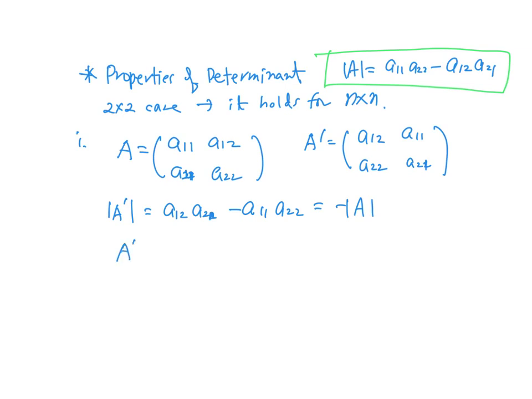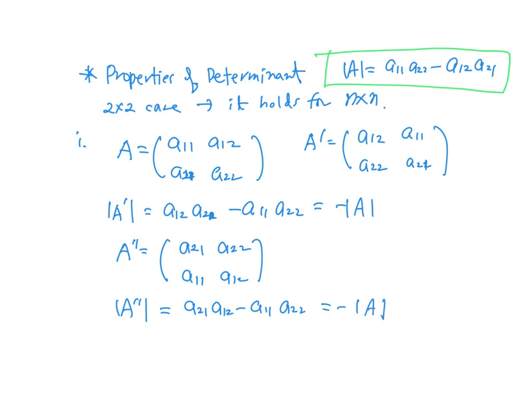A double prime is A21, A22, A11, A12. The determinant of A double prime is A21 A12 minus A11 A22, which is minus the determinant of A. So the first property that we discovered is that if you interchange rows or columns, then the determinant changes by sign.